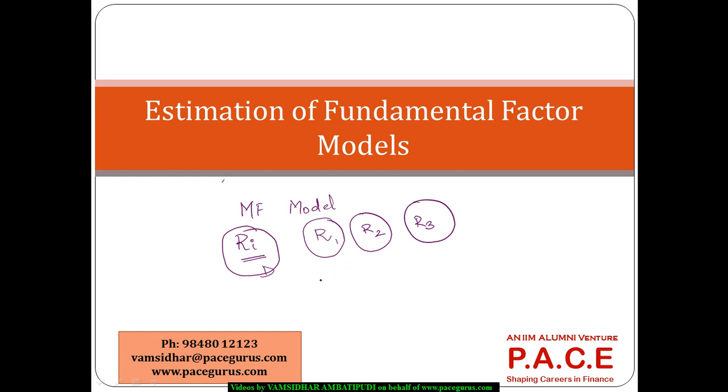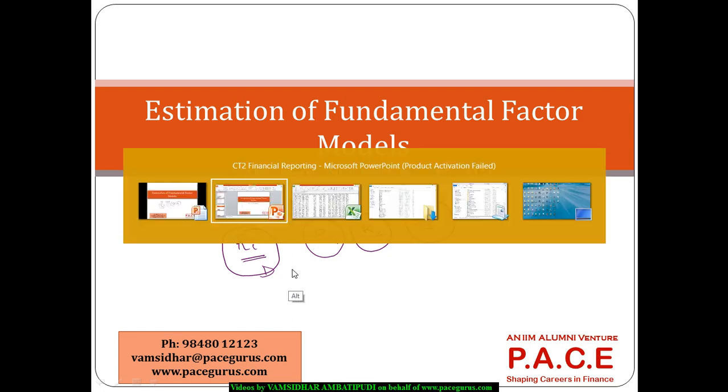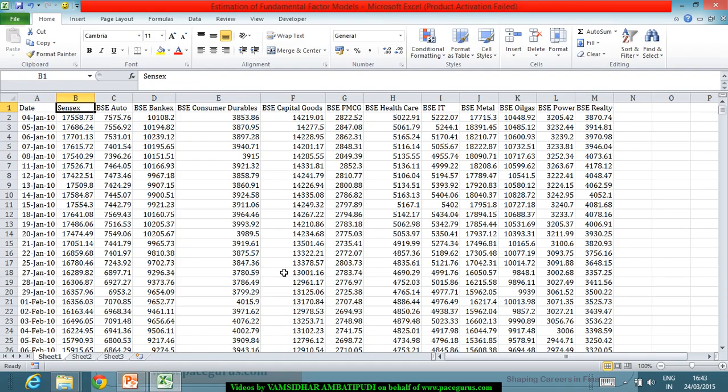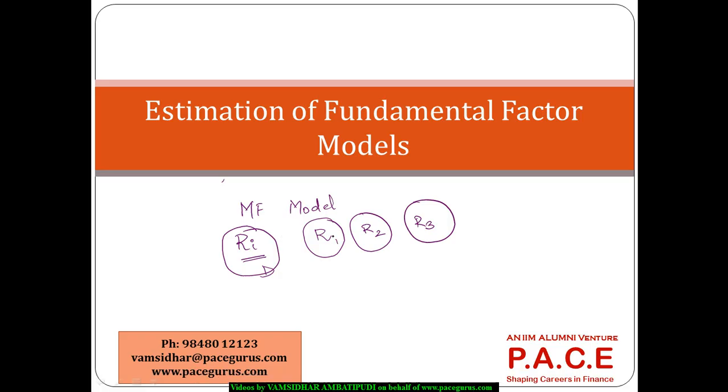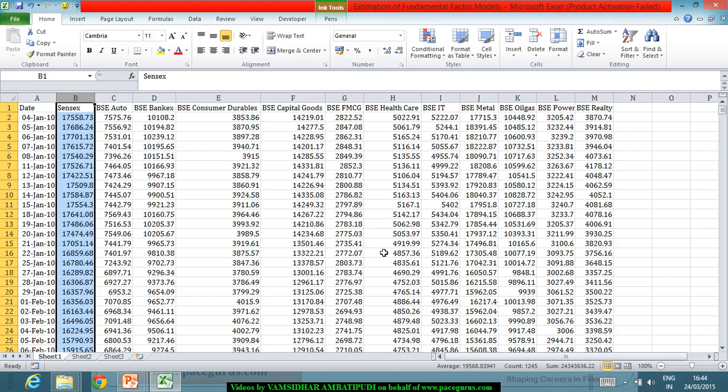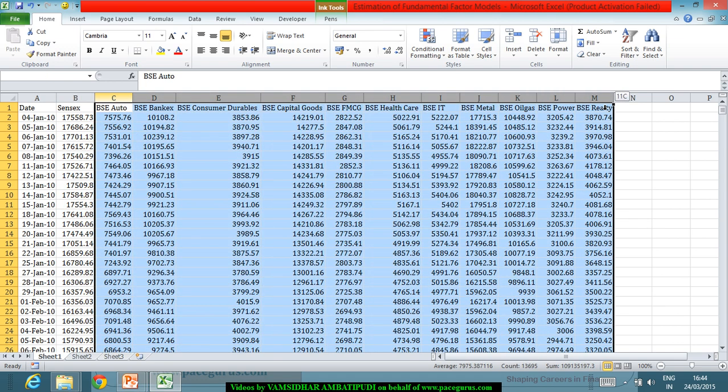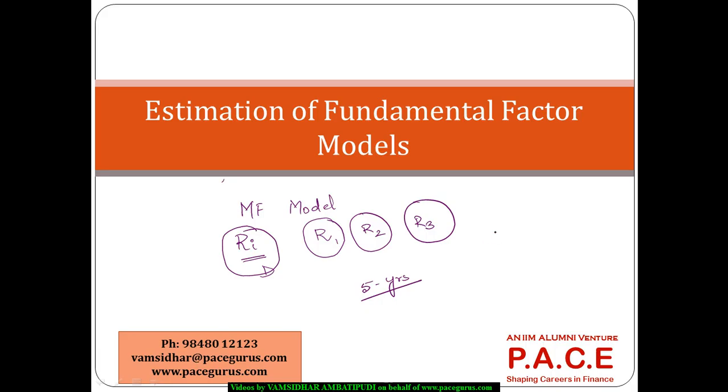So here what I wanted to look at is I have taken a simple example wherein I want to look at the Sensex. Over the last 5 years I have taken the Sensex index values along with the various sector based indexes, around 10 or 11 different sector based indices on the Bombay Stock Exchange.